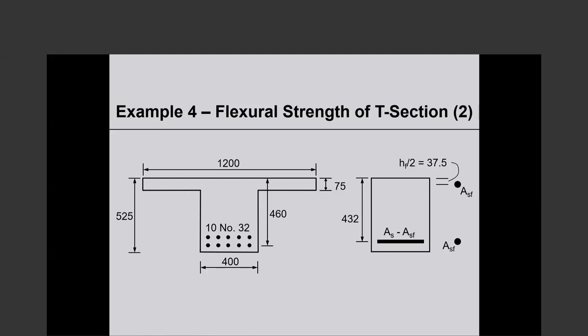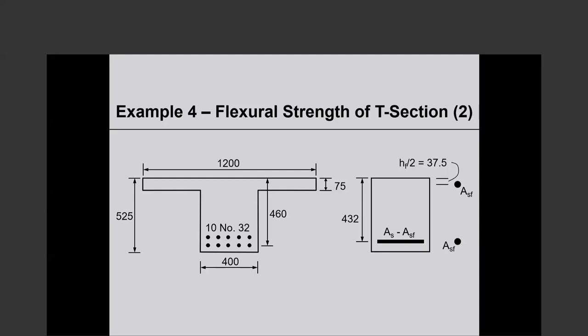With that much reinforcement, 10 number 32 bars, there is absolutely no question that the stress block depth will be larger than the 75 millimeters of flange thickness. Remember force equilibrium.